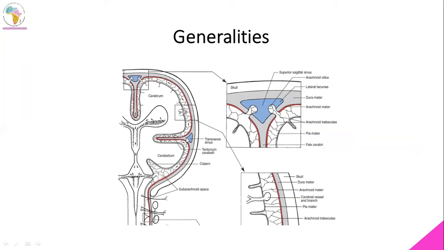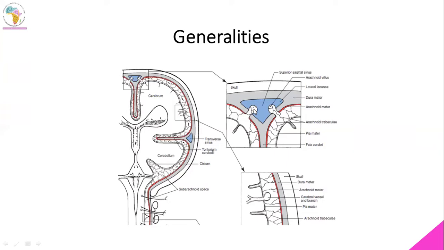We have the tentorium, which divides the cranium into a supratentorial part and an infratentorial part. And we have the falx cerebri that divides the hemispheres into two divisions. At the base of those reflections of the dura, we find a triangular space.